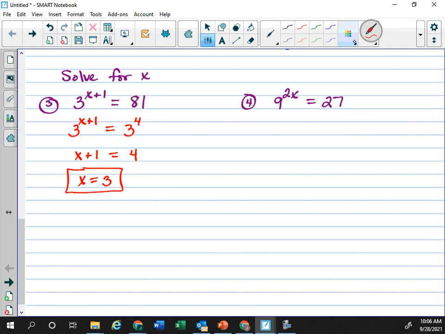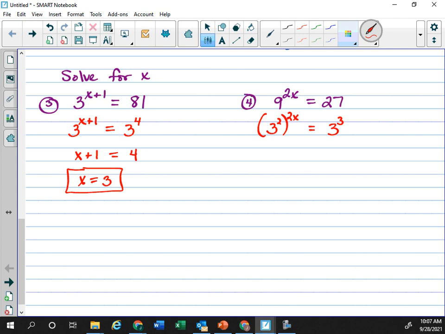Everybody sees how you can't use 9. I mean, you could with some fractional exponents. It's not going to be pleasant, though. So let's just make both sides base 3. So 3 to what power is 9? Okay. And then that is raised to the 2x. And on the right side, 3 to what power is 27?